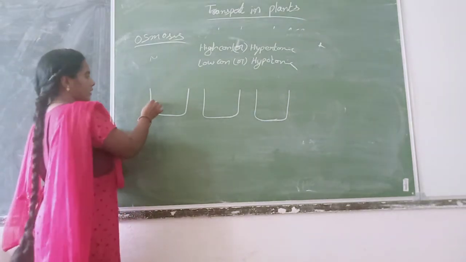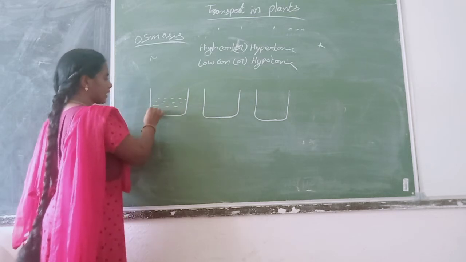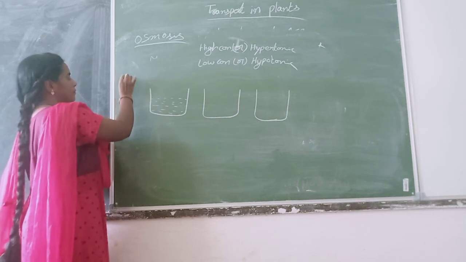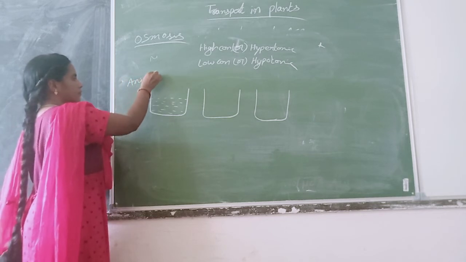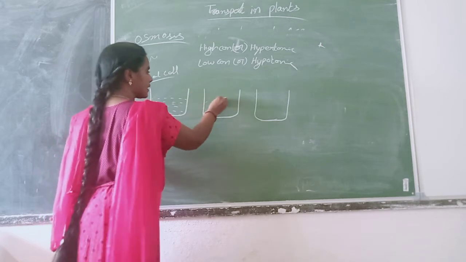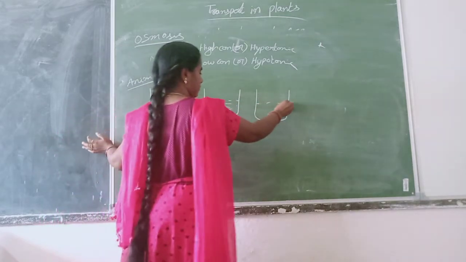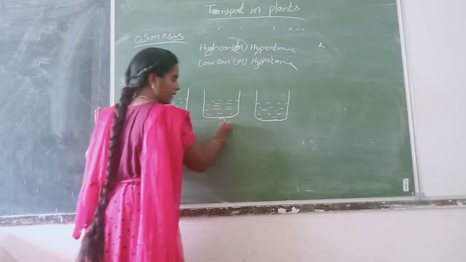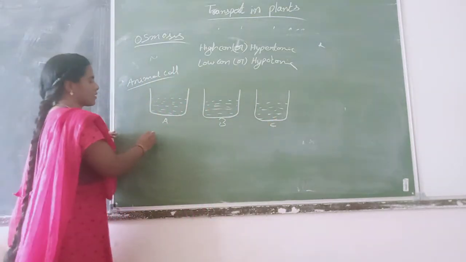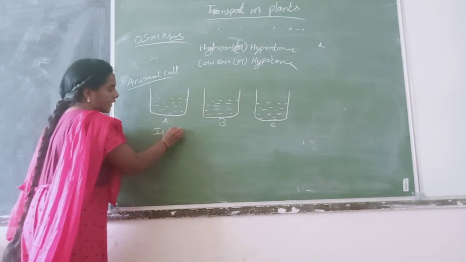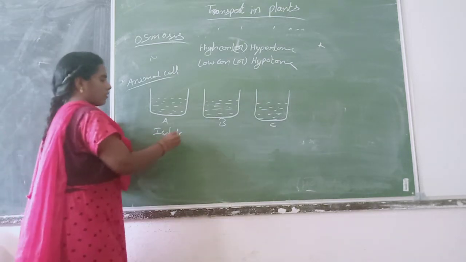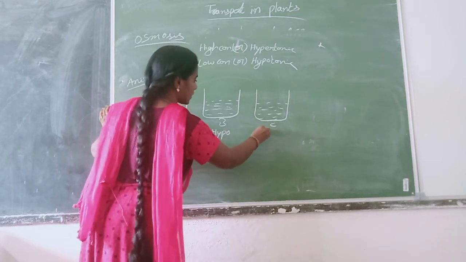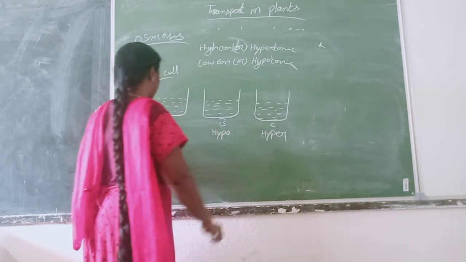Okay. Here we are taking three beakers. In these three beakers we are going to place animal cells, sample A, sample B, sample C. This is the isotonic solution, this is the hypotonic solution, and this is the hypertonic solution.